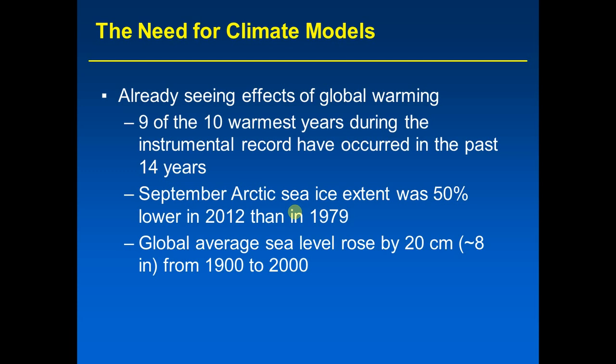The 11 lowest September sea ice extents in the Arctic have all occurred in the past 11 years. And we've talked about how in the near future there will be ice-free summers in the Arctic. And that has a lot of consequences on polar bear survival, and on new shipping routes that could be used.